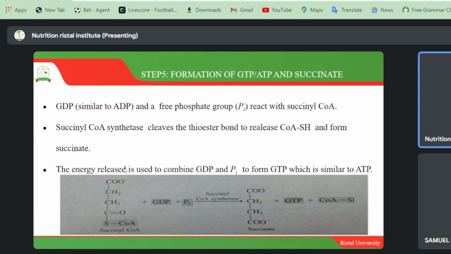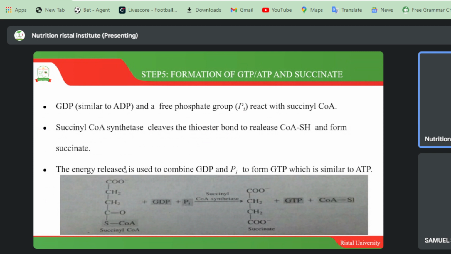And the fifth step here is the formation of GTP or ATP and succinate. So GDP here is similar to ADP, and a free phosphate group reacts with succinyl-CoA. Succinyl-CoA synthetase cleaves the thioester bond to release the CoA from its bond and form the succinate.